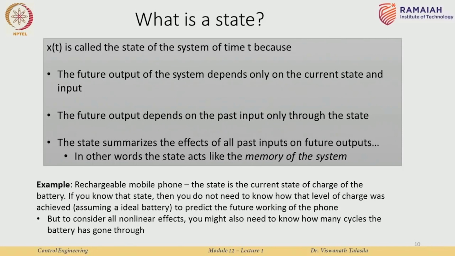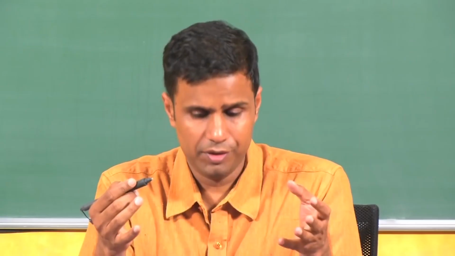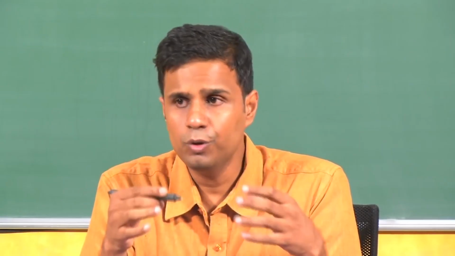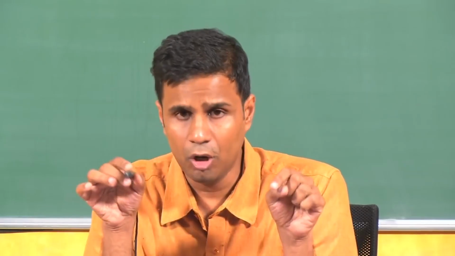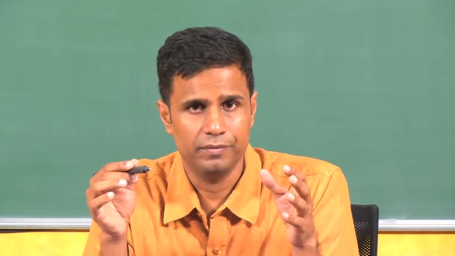Okay. So, the definition here is not a very polished definition, but this actually conveys a correct picture. A variable is called the state of a system because the future output of the system depends entirely on the current state value and whatever input we are going to give, all right.